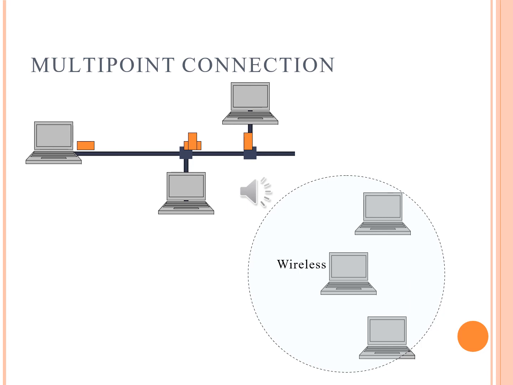A multi-point connection means we have more than two units, and we integrate those units, whether wired or wireless, whether computers, printers, or some other peripherals. Whatever it is, when we connect them, that is considered under multi-point connections.